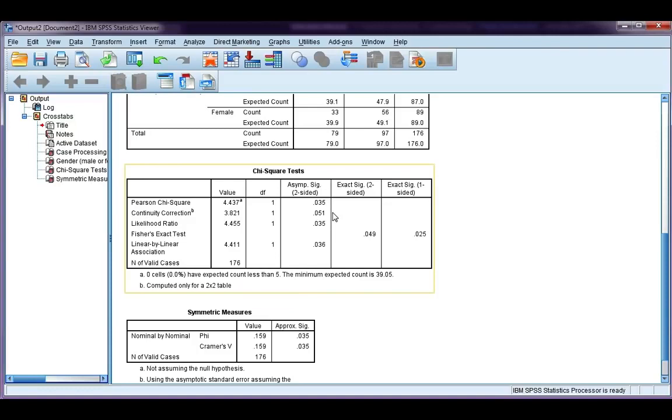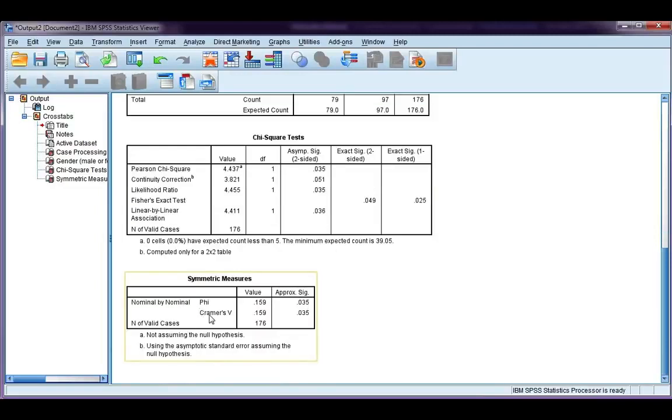You might call that value alpha, and this value here, which is equivalent to 3.5%, is less than the alpha value. So that means our result would be statistically significant. And we would accept our alternate hypothesis, which says that there is a significant association between gender and smoking status. In other words, smoking status is not independent from gender. It is dependent on gender.